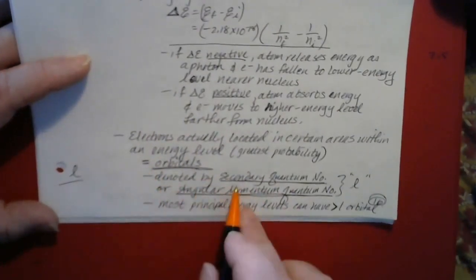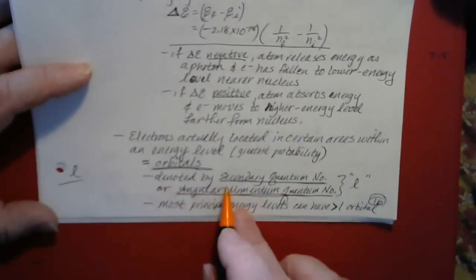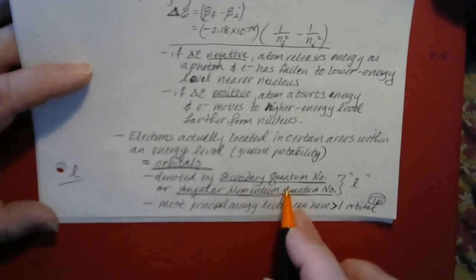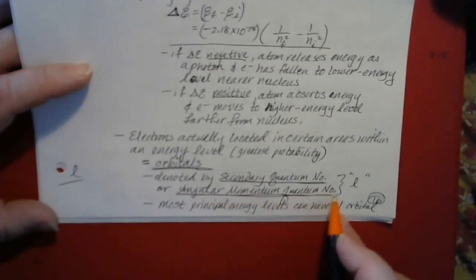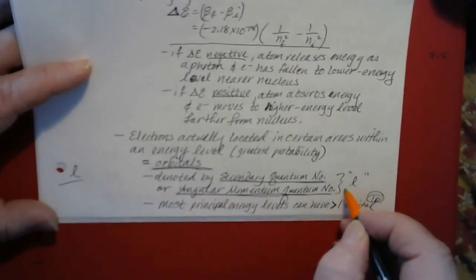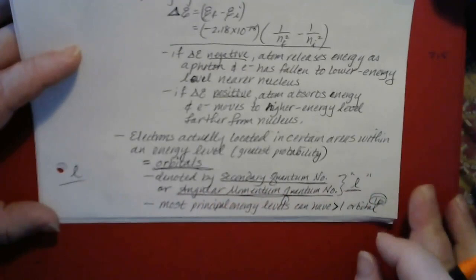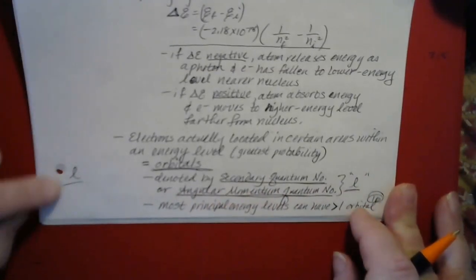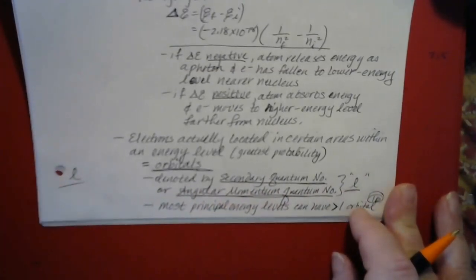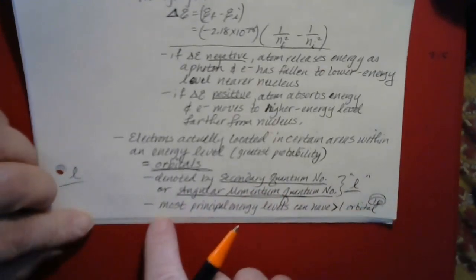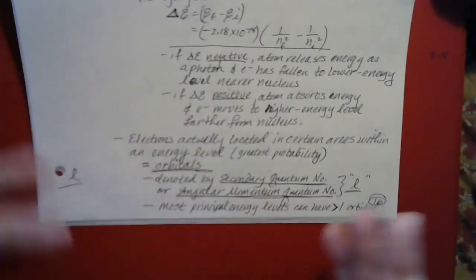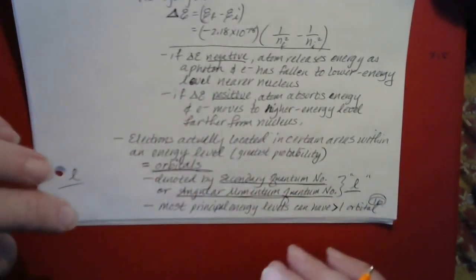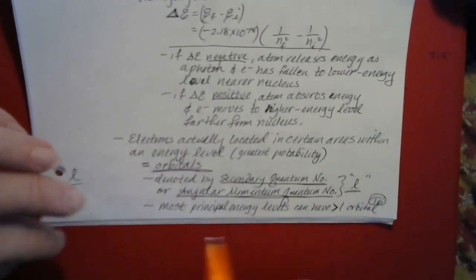Okay, and so that calls for another quantum number. This is known as the secondary quantum number or the angular momentum quantum number, and it is symbolized by a lowercase letter l. So lowercase l is the second quantum number, and what it basically tells you is the shape of the area of greatest probability for finding an electron.